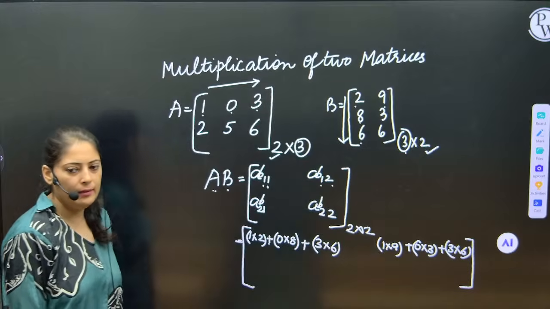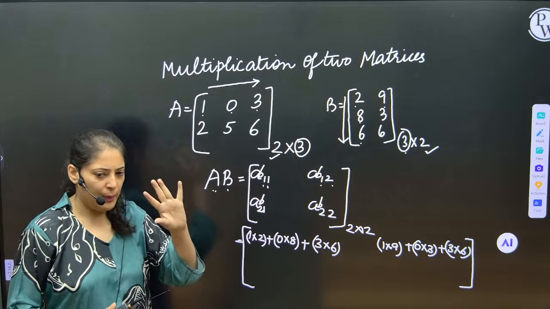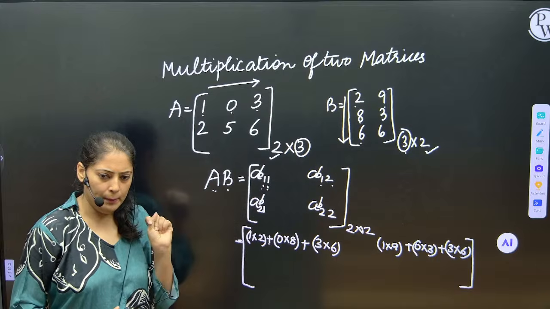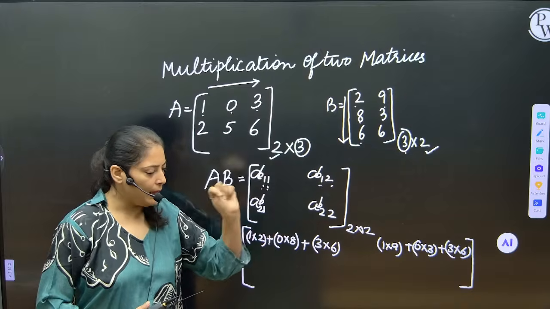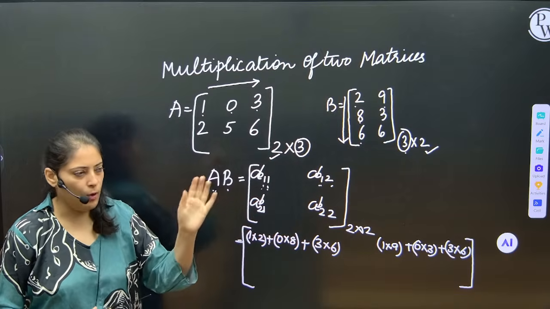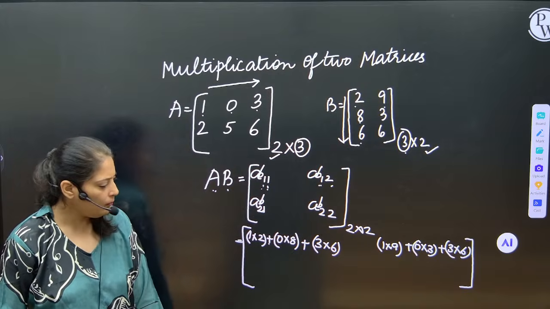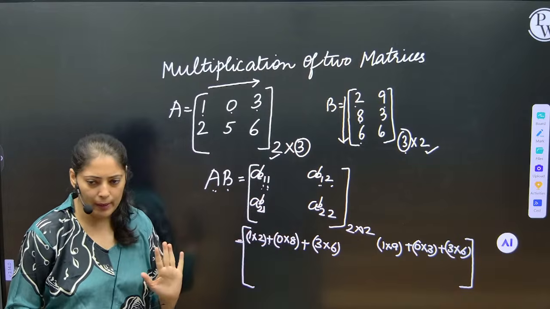See it once again. It is not completed, I am doing. Now what does it mean? Repeating. First row will be multiplied with first column. First row only will be multiplied with second column of the next matrix with which we are multiplying. We will multiply the elements and a plus sign will be there in between.